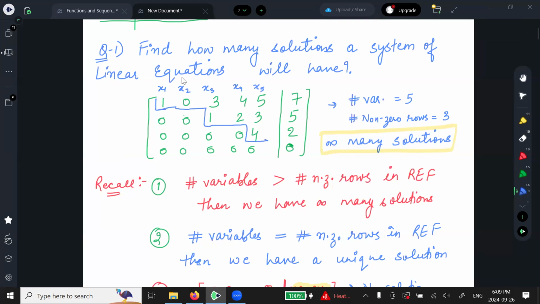You see, we only go down if I have a non-zero entry. So which of the columns have a pivot? x1, x3, and x5, right? They are the only ones following the staircase. So which ones are free? x2 and x4.